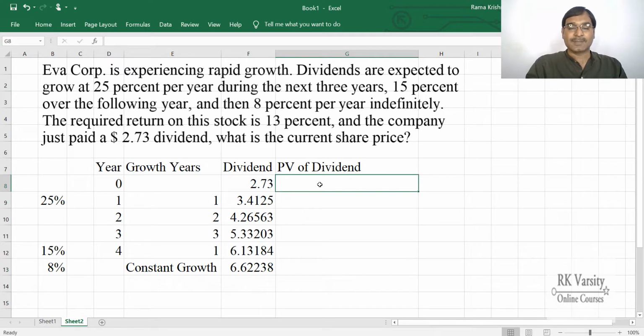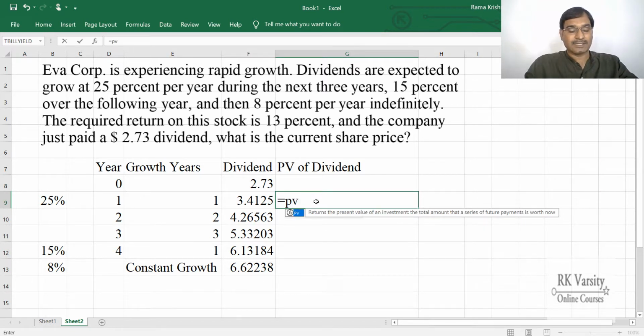Now we calculate the present value of these dividends. In the first year, your present value of the dividend equals PV, the discount rate is 13%, so 0.13, comma, here we select the year.